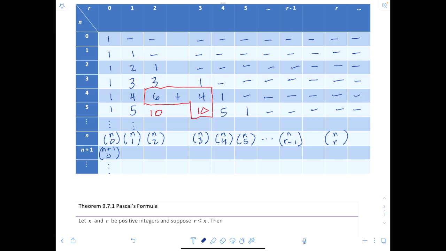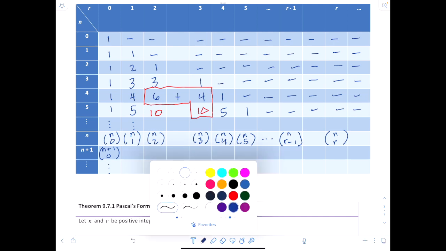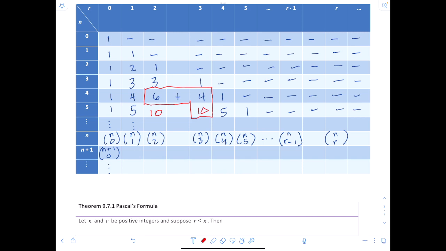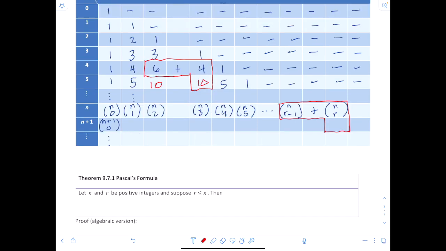Now, using the same idea as before, we could make a little L shape way down here to see the trend. All of these continue on in the same manner.